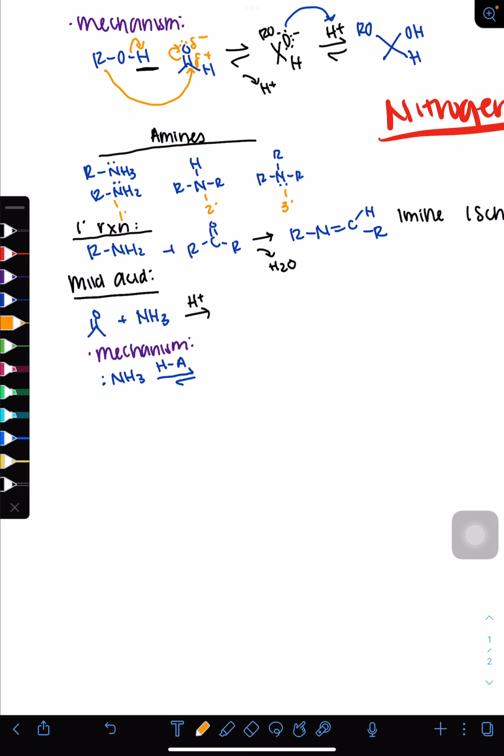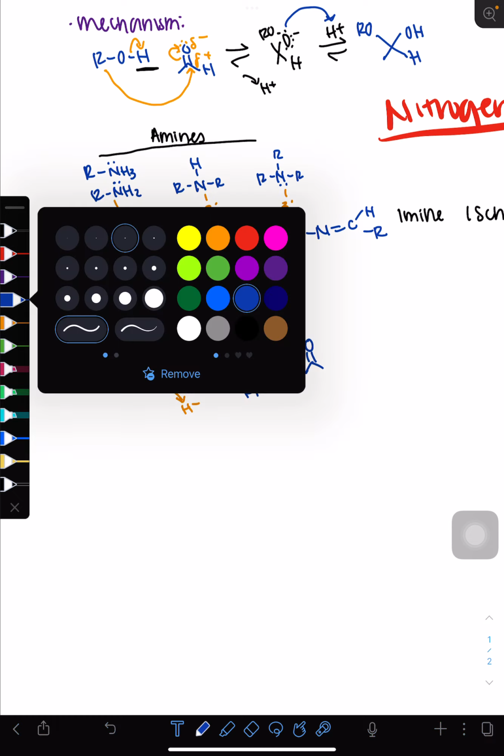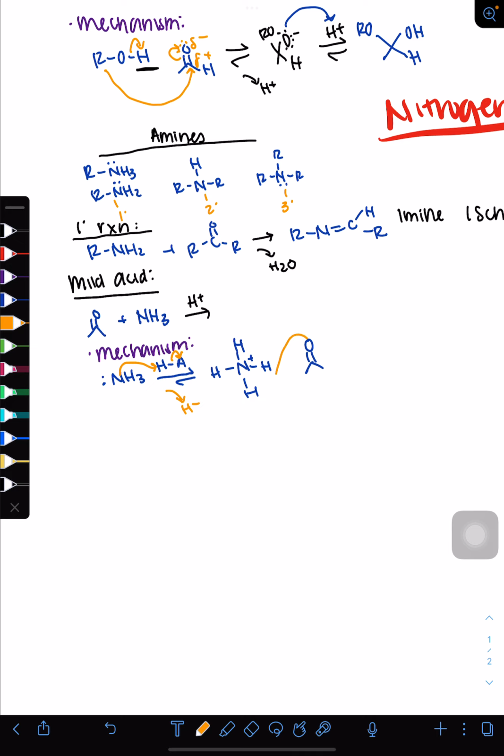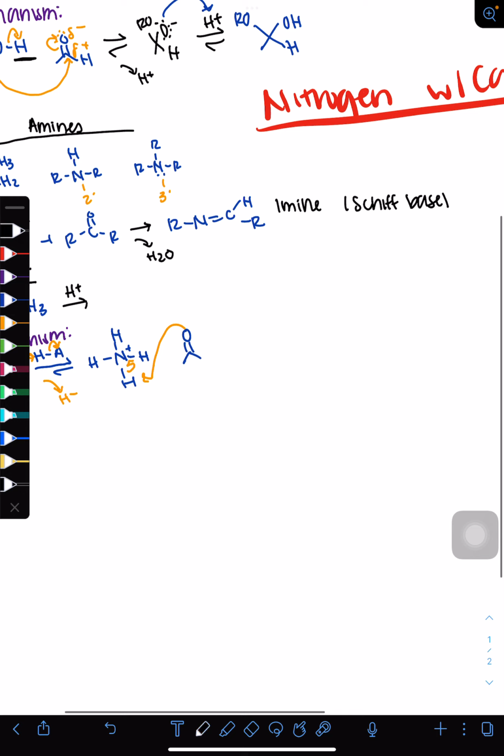So this nitrogen is going to get attracted to this hydrogen, and then this bond will go back to the acid, which will then make the A minus leave. And then we can actually draw what it gives us. This nitrogen has a positive. Then once again, we have this ketone, which is going to get attracted to this hydrogen, which will give back this bond to the nitrogen.